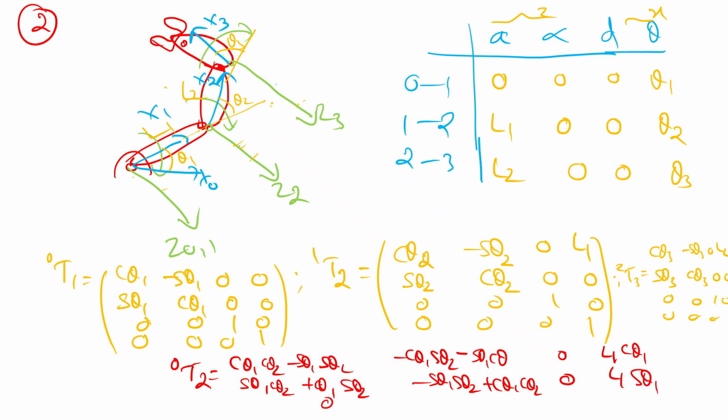The remaining terms are easier: only 0 0 1 0 and 0 0 0 1.